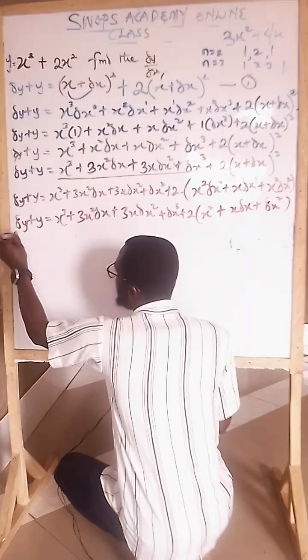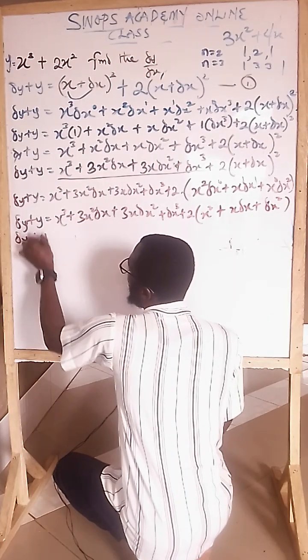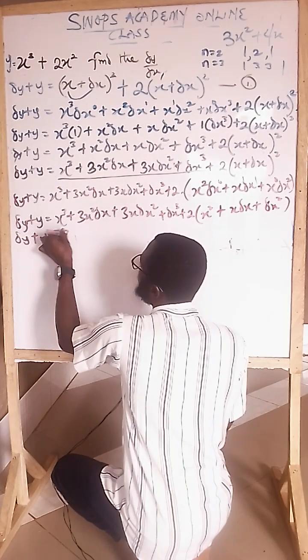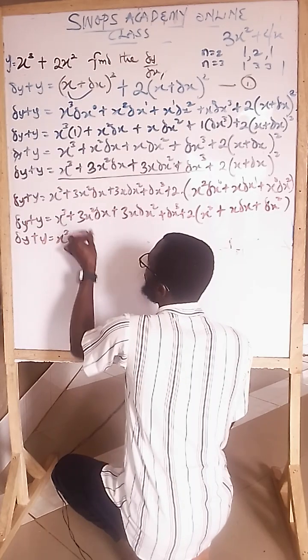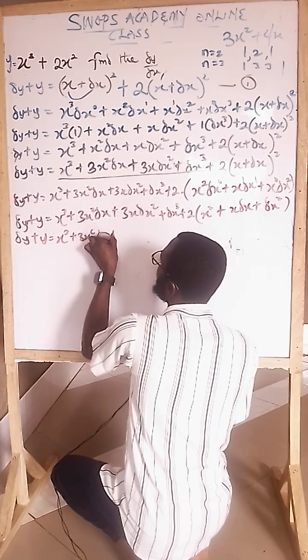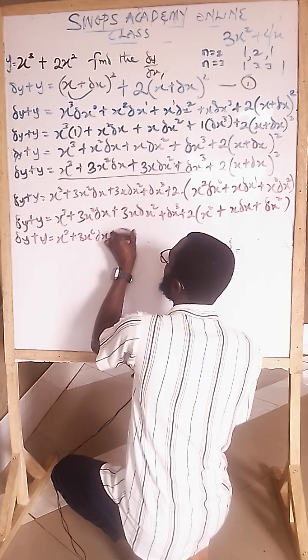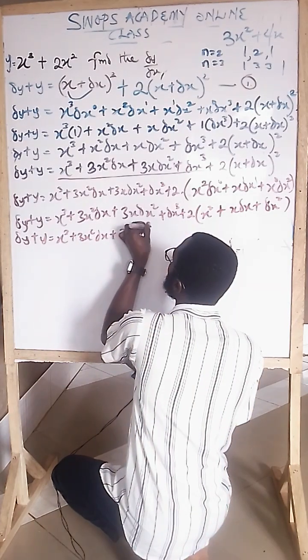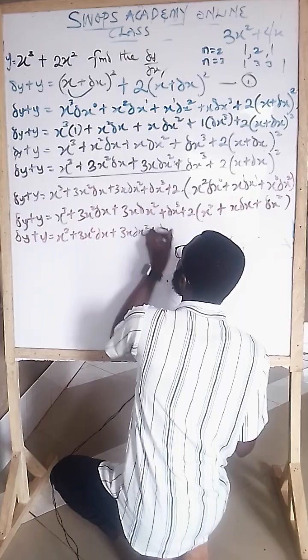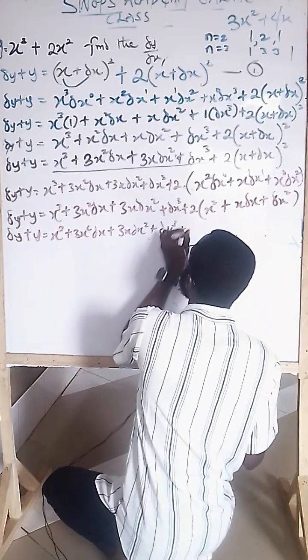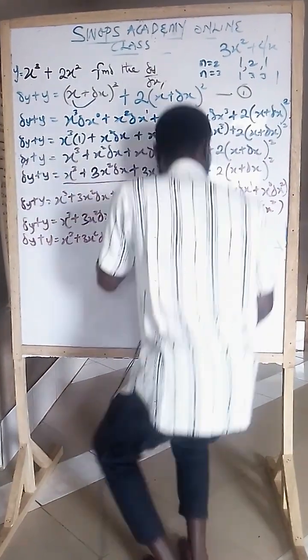dy plus y equals s cube plus 3s squared ds plus 3s ds squared plus ds cube plus 2 in the bracket.